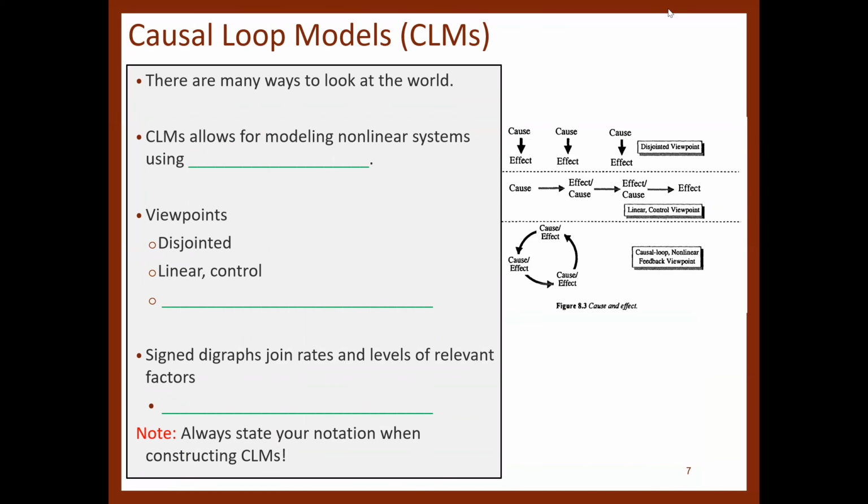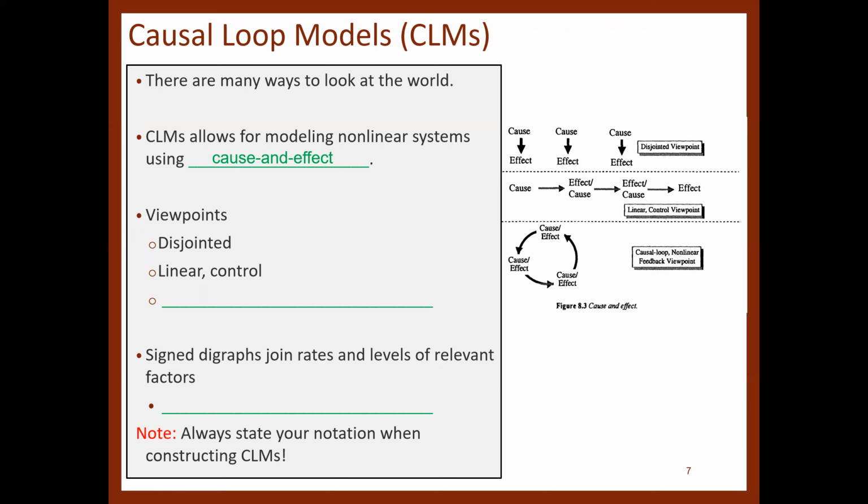So there are many ways to look at the world. Causal loop models allow for modeling nonlinear systems using cause and effect. Some of the viewpoints or different ways of looking at the world include the disjoint.